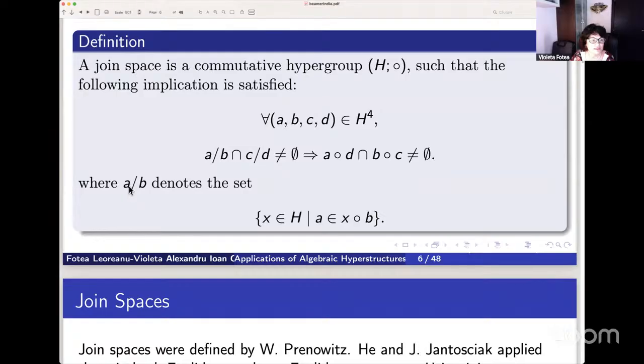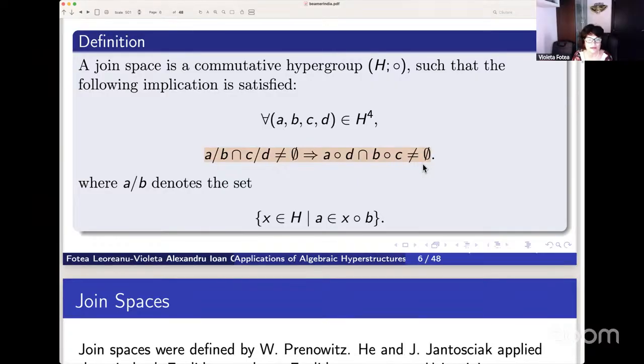We denote by A/B the set of all elements X of H such that A belongs to X times B. And we wish this condition to be satisfied, which means if the intersection between A/B and C/D is non-empty, then AD intersection BC is non-empty.